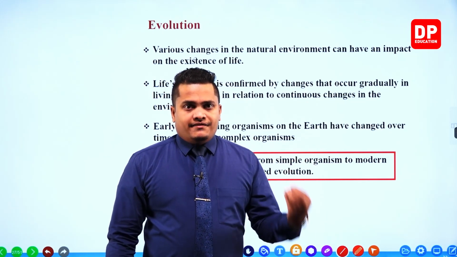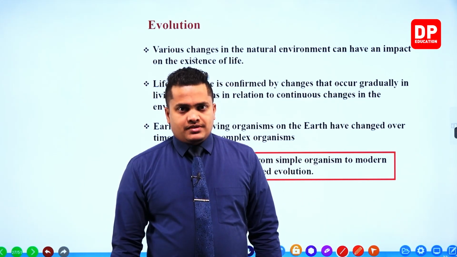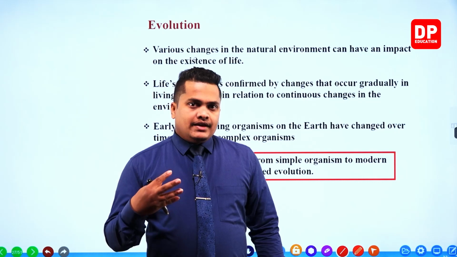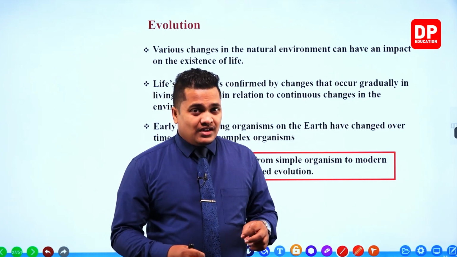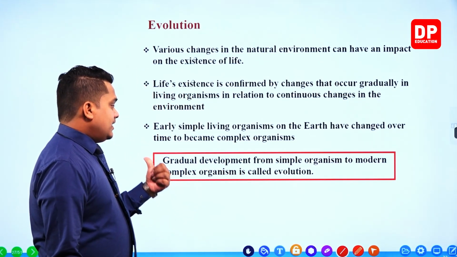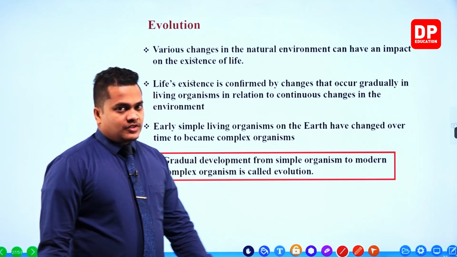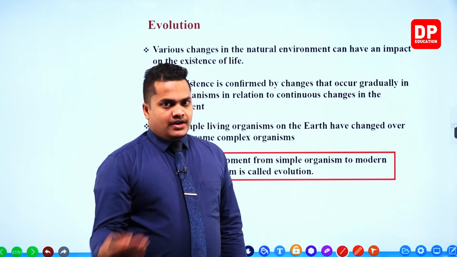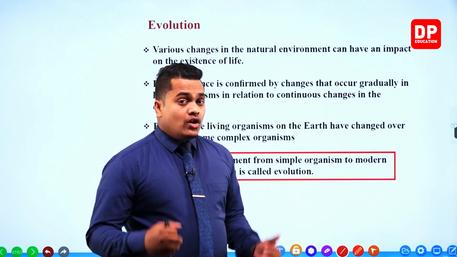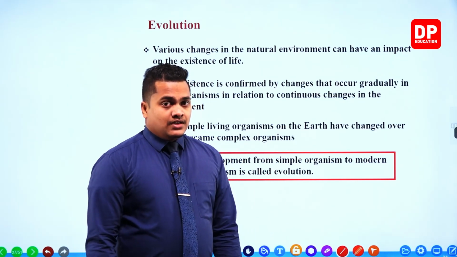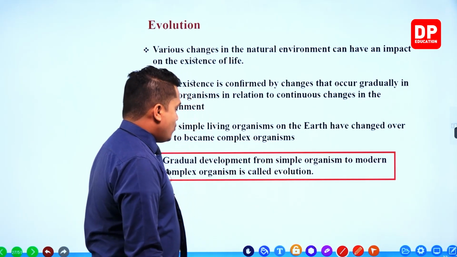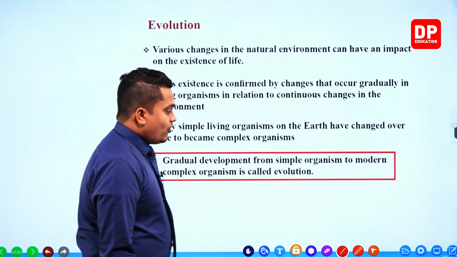However, the particular cell faced different changes. My dear children, these changes occur to support their survival. So once again, the gradual development from a simple organism, we all originated from a simple organism, right? The gradual development from simple organisms to modern complex organisms is called evolution.